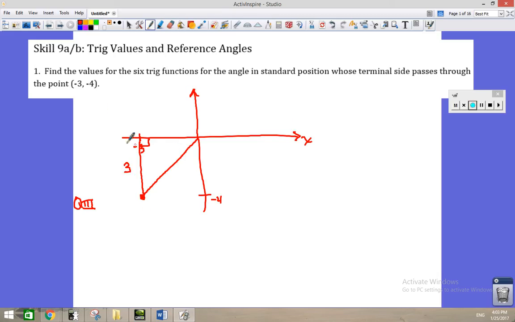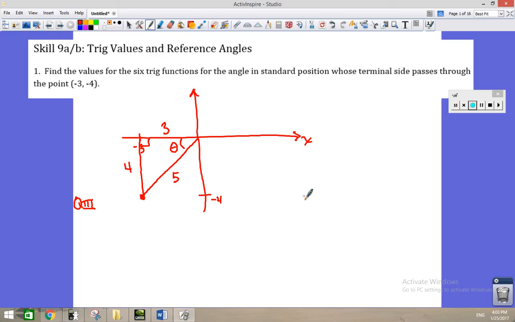I've got 3 to the left and 4 down. In reference to this triangle, 3, 4, 5 by the Pythagorean theorem. This is going to be 5 because 3 squared plus 4 squared is 25, and the square root of 25 is 5, and they want me to work with this angle.